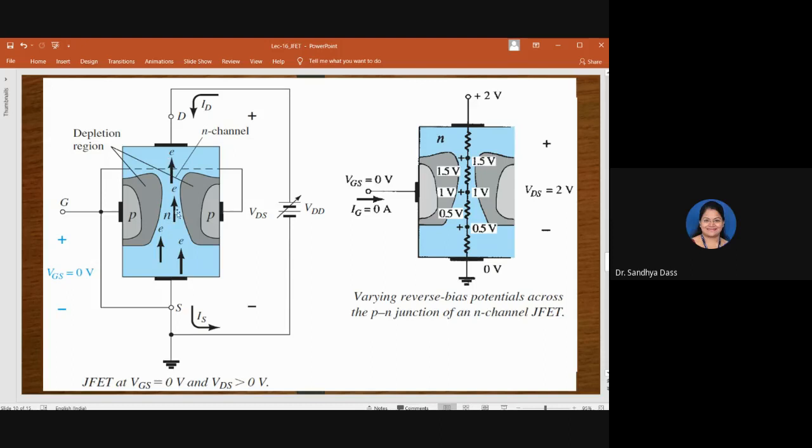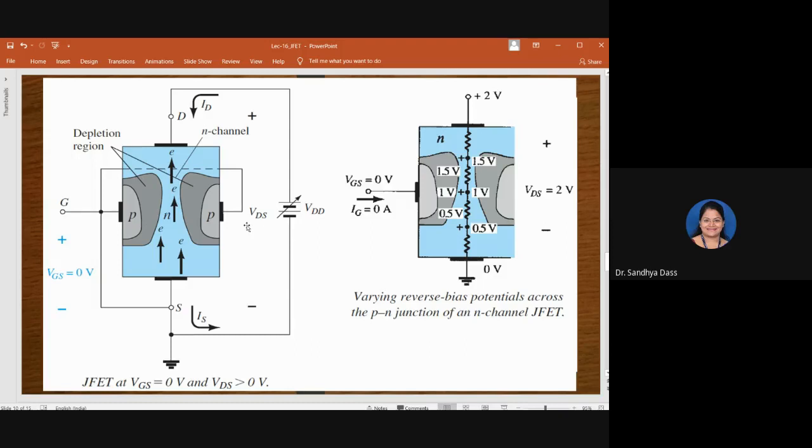The majority charge carriers in the N channel, that is electrons, will get attracted towards drain and they start flowing, right? So there is a flow of current happening. We know that the conventional current is always opposite to the direction of the flow of electrons, isn't it?